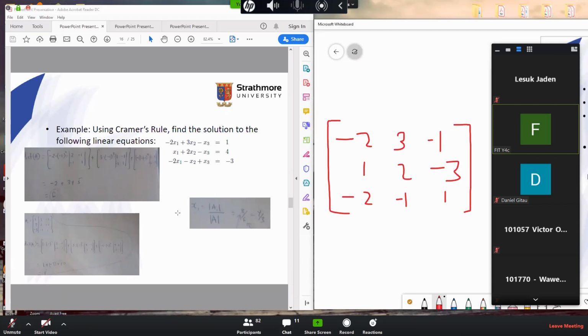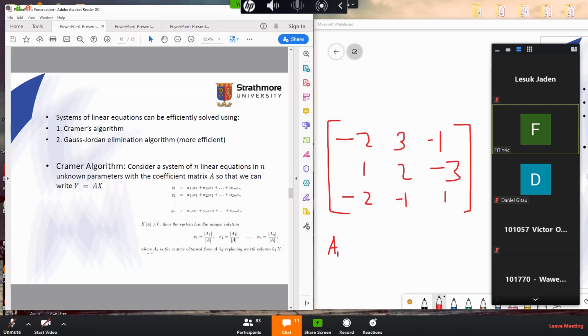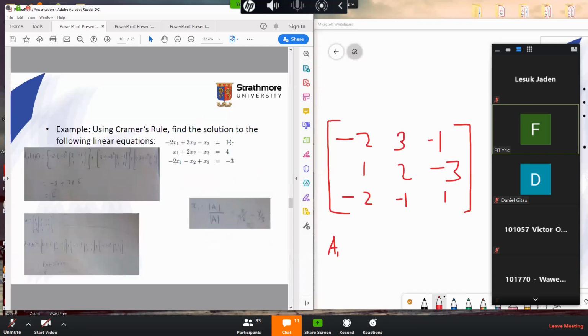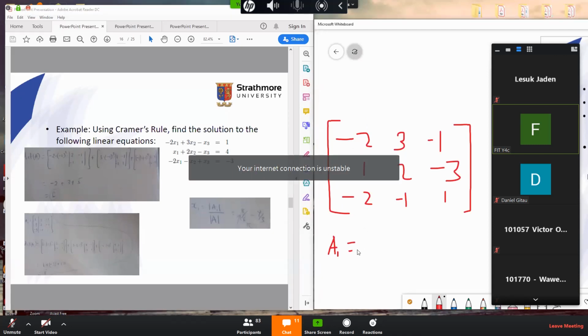Later on, you'll form another matrix, the way Cramer's algorithm works. For example, to form a matrix called A sub 1. So according to the definition here, you form the matrix from the original coefficient matrix by replacing its ith column by y. So y is actually this target that you have here. So instead of -2, 1, -2, you will just form a new matrix with that new column.